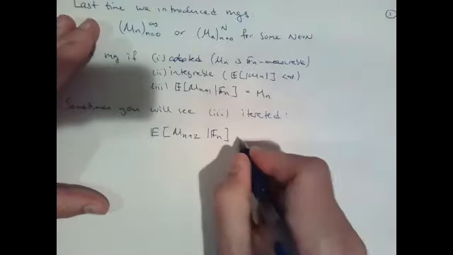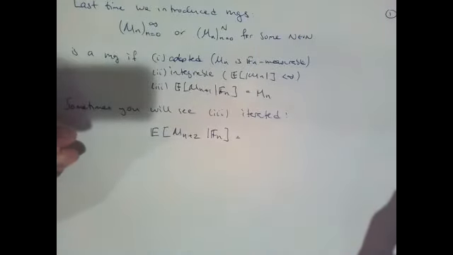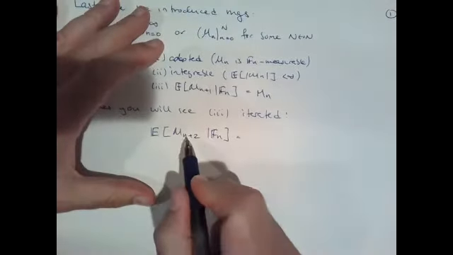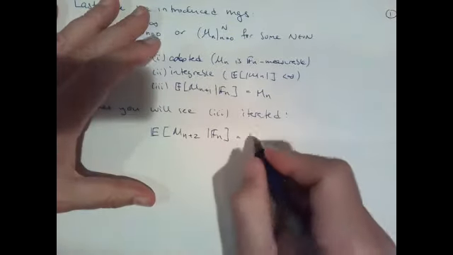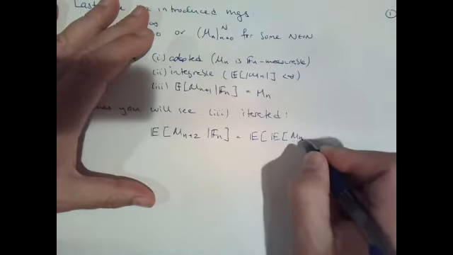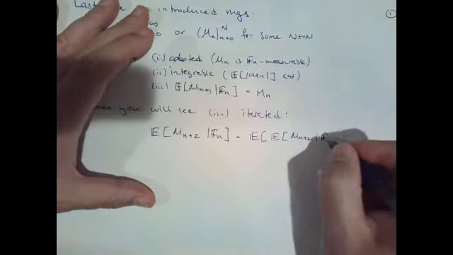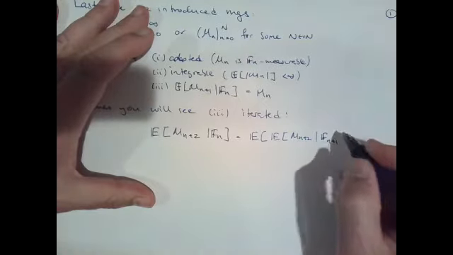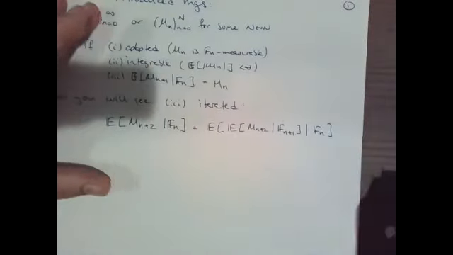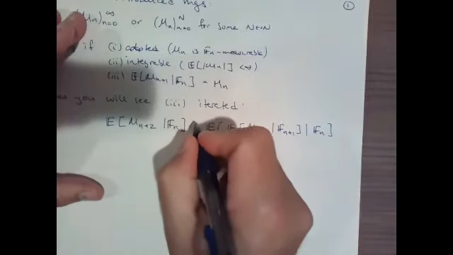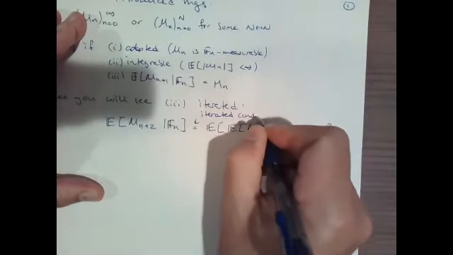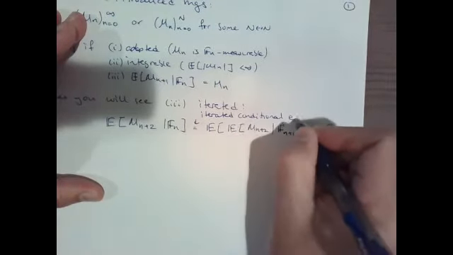And we can work out what this is. Because we can use conditional expectation, we can put in an additional conditional expectation. We know that if I have two conditional expectations next to each other, the smallest one wins. So here I can write F(n+1) and then condition on Fn. This is iterated conditional expectations.